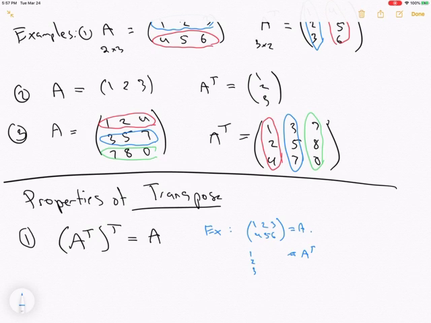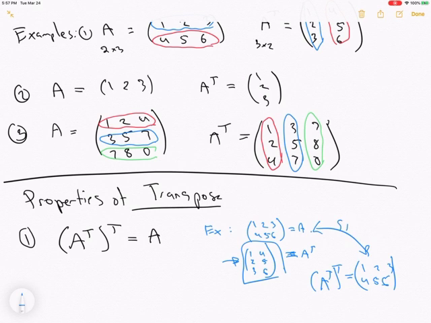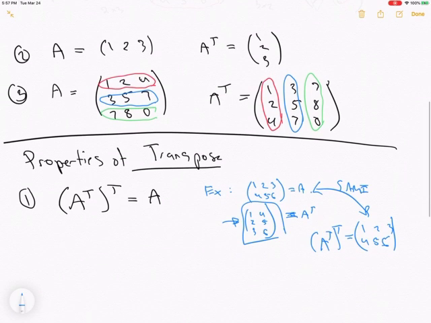And then if you transpose this matrix here, that would be the transpose of the transpose. You're just getting back to where you started. So of course these are the same. This should be an obvious property: if you swap and then swap back, you just get back to where you started.